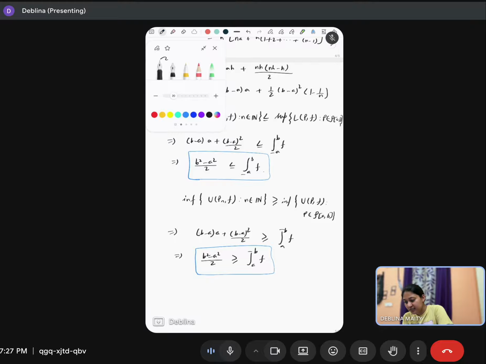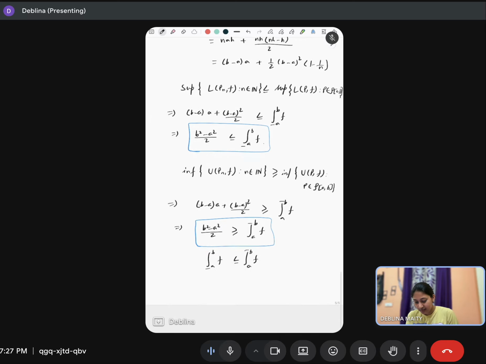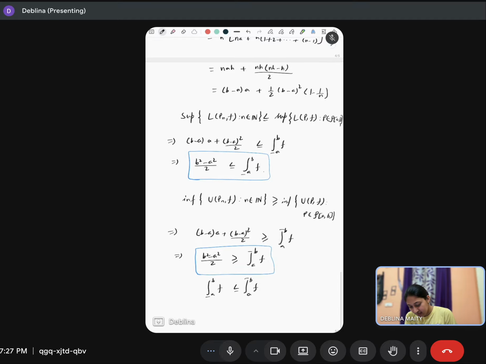Now from the previous theorem, what do we have? We have the lower integral of f is always less than or equal to the upper integral of f, right? And from these two relations, we have this lower integral is greater than or equal to b square minus a square by 2, and from the last relation we have this is less than or equal to b square minus a square by 2, right?